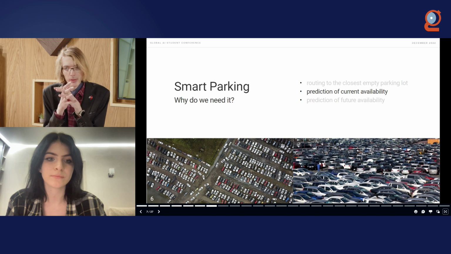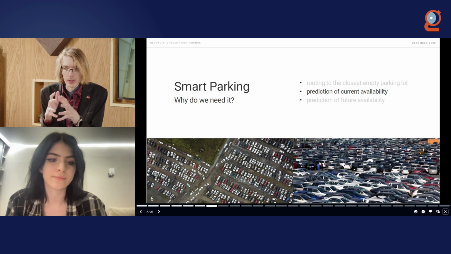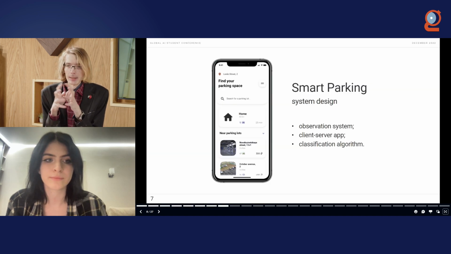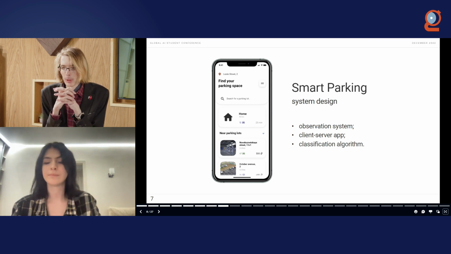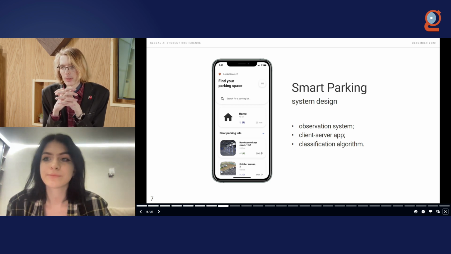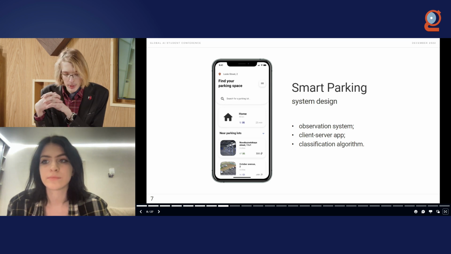In our current study, we will focus mostly on the prediction of the real-time availability. Well, and how can our solution be expressed in terms of an application, for example? It can be a client-server app that is connected to some observation system based on video cameras.